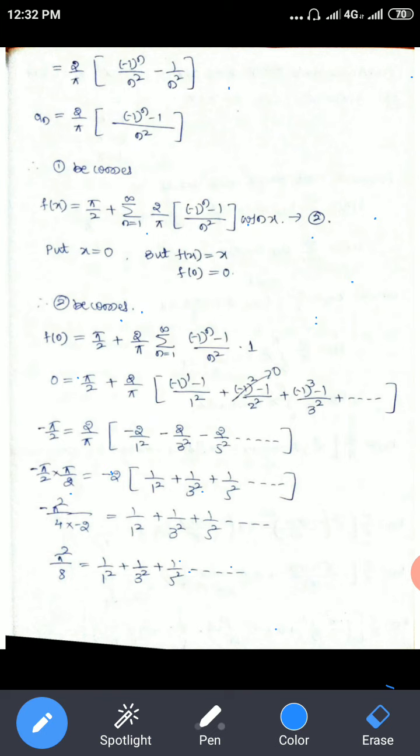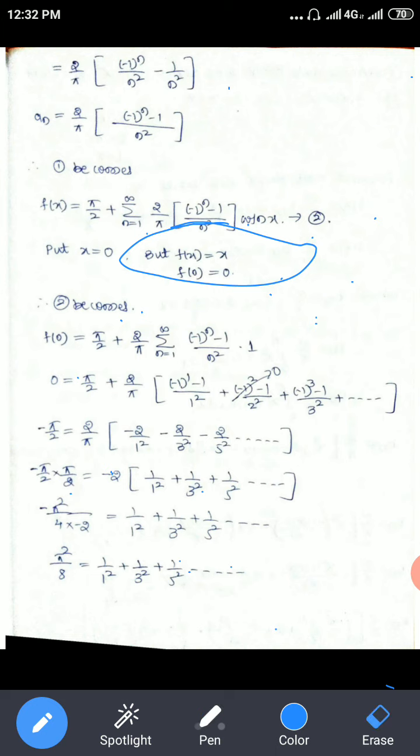If you put x equal to 0, f of x equal to x is there. So the given function is f of x equal to x. Therefore f of 0 is 0. Therefore in equation 2, wherever x is there, put x equal to 0. So f of 0 is equal to pi by 2 plus 2 by pi.